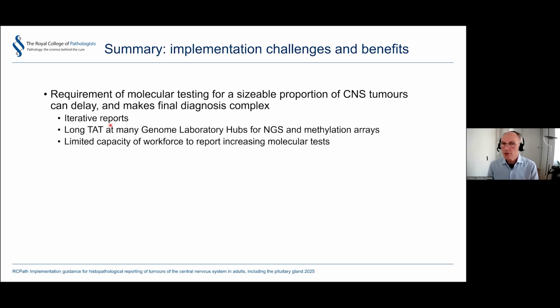And part of this problem is that within the genomic laboratory hubs there are clinical scientists who have to read the sequencing results, and often there's limited workforce capacity to report these increasing numbers of molecular tests, and of course also on the pathology side, consultant pathologists who have to integrate those test results into a final diagnosis. So the end-to-end can easily be 5 or 6 weeks if the tests are done iteratively.